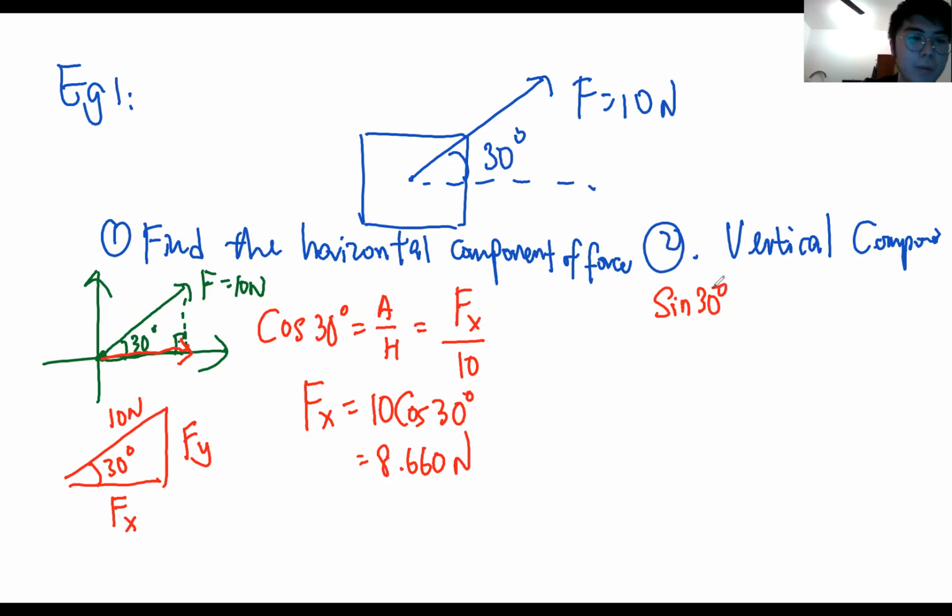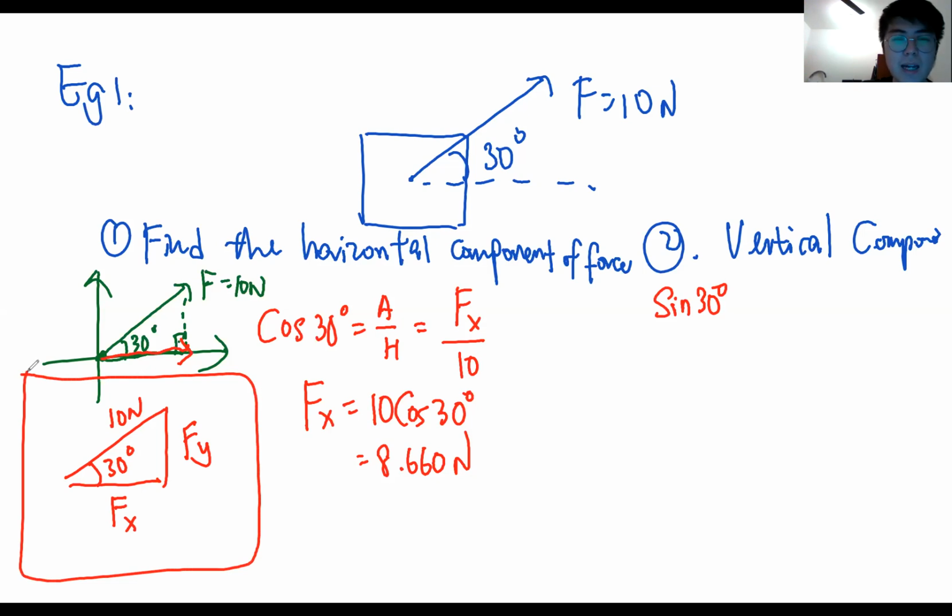Look at the diagram over here, down at the bottom left. Sine, then which one do I take? Sine is opposite over hypotenuse. Focus on the angle 30 degrees. The side opposite to the angle, which is Fy, divided by the hypotenuse, which is always the slanted, inclined one, 10 Newton.